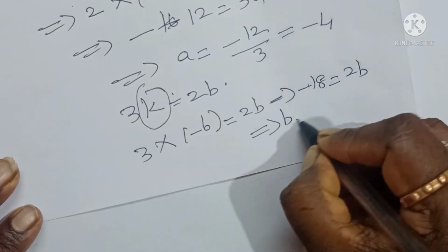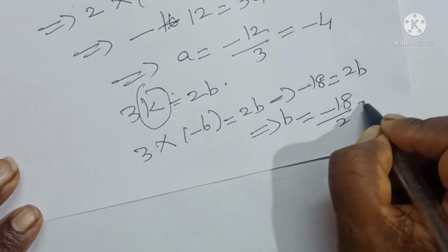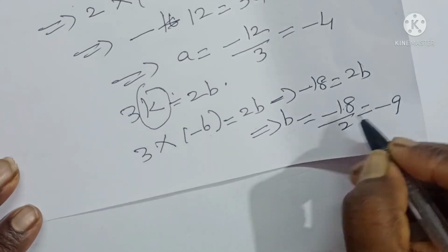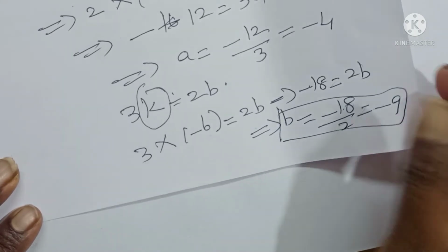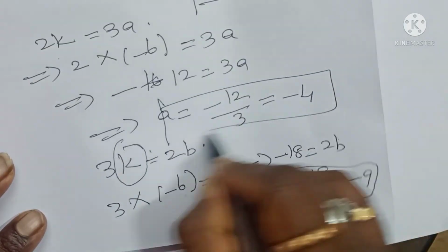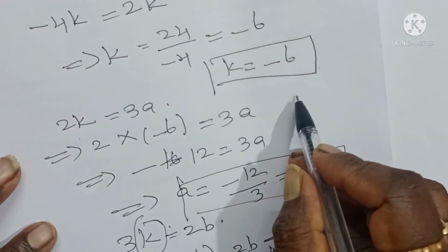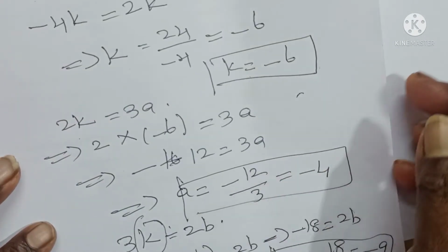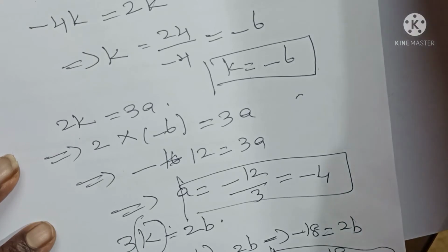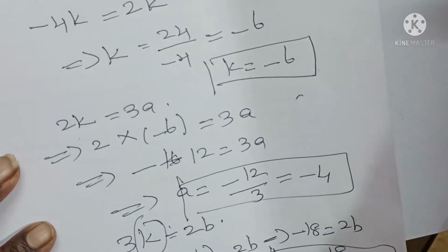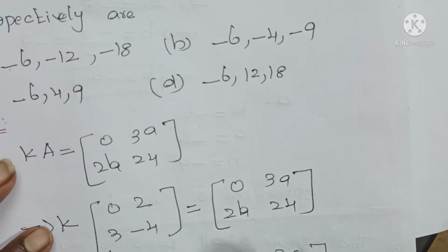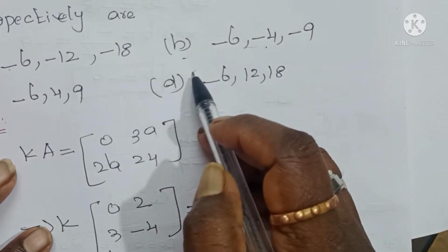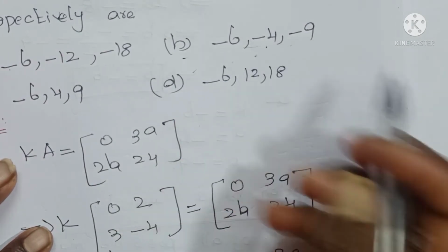This implies b is equal to minus 18 divided by 2, which is equal to minus 9. So what is the value of b? Minus 9. Value of a is minus 4. K is equal to minus 6. So option B is the answer: minus 6, minus 4, minus 9.